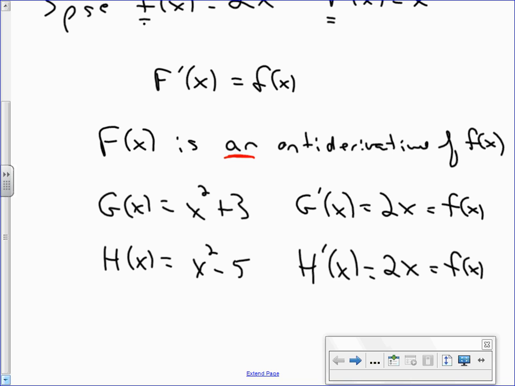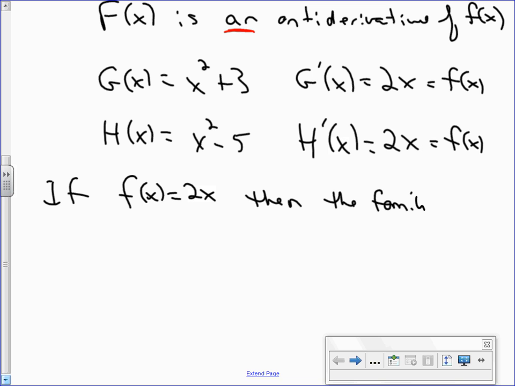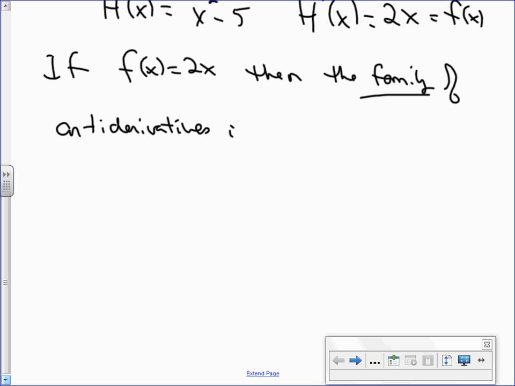So when we take derivatives, there's one answer, but when we take antiderivatives, there are going to be a lot of answers. If we take a look at this as the example, if f of x equals 2x, then the family, let's call it the family of antiderivatives, can be shown by the function F of x is equal to x squared plus different values, some kind of constant.